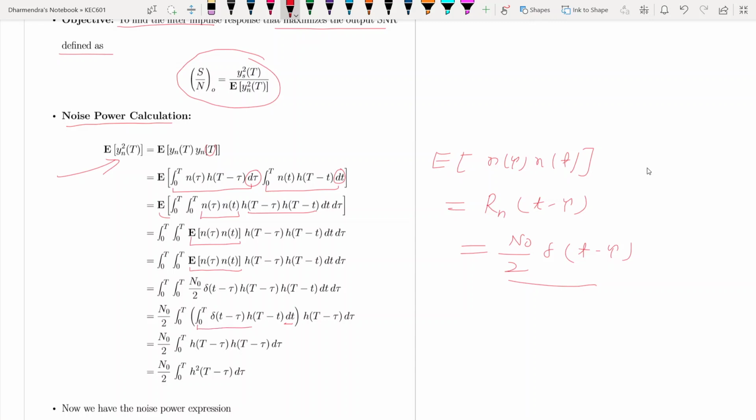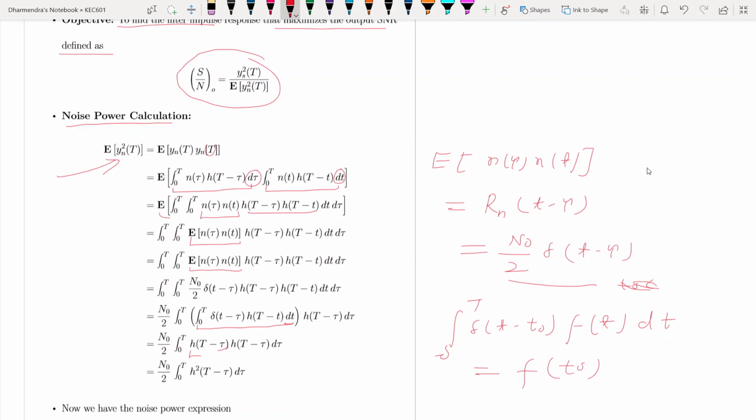Using the Dirac delta, after integration with t, t will be replaced by tau, because if you integrate delta of t minus t naught with f of t dt from minus infinity to T, or 0 to T, the result, because t naught is less than this, will be f of t naught.